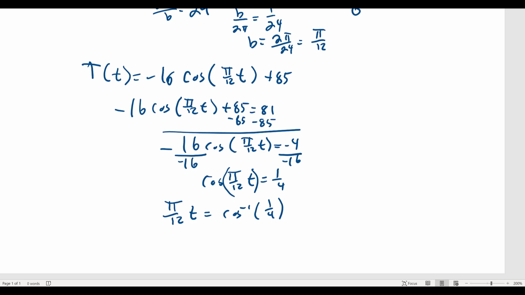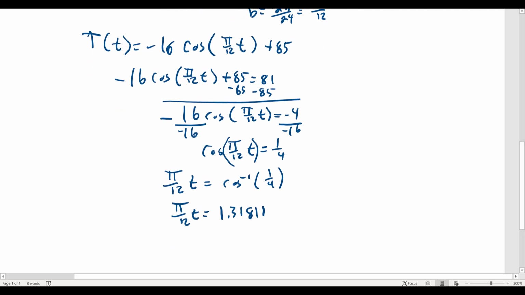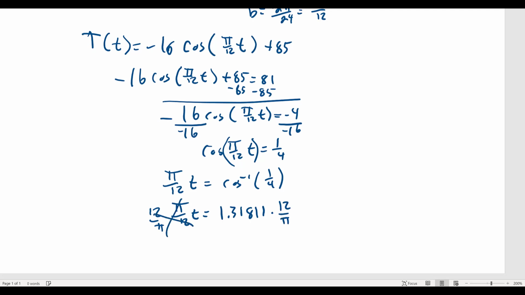I get pi over 12 times t equals 1.31811. So I multiply both sides by 12 over pi. T would be 5.0348.